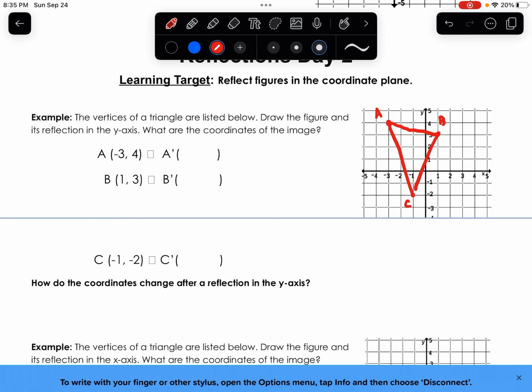All right, so remember when we're reflecting, we are going across the y-axis here. So if C is 1 point to the left of the y-axis, C prime is going to be 1 point to the right. If B is 1 to the right, B prime will be 1 to the left, and A is 3 to the left, so A prime will be 3 to the right.